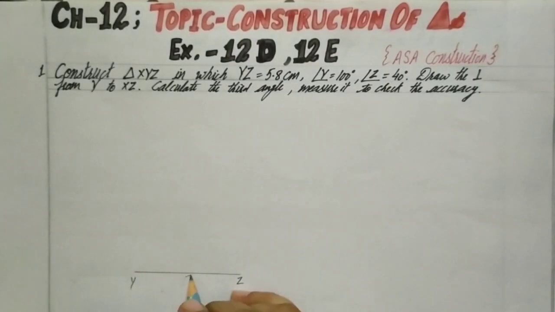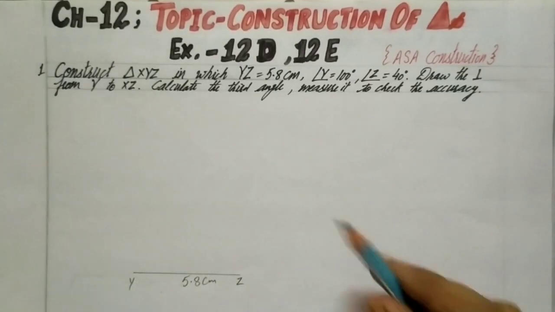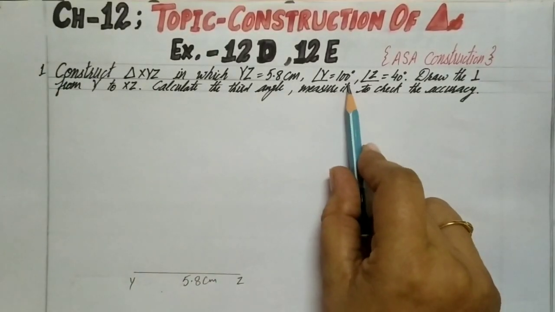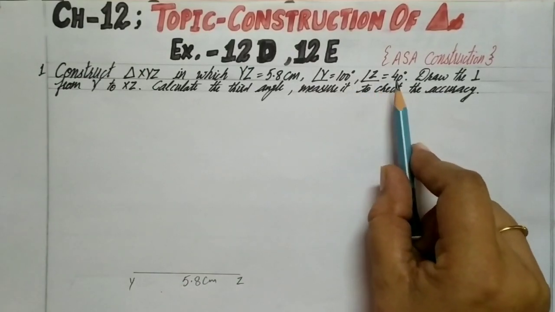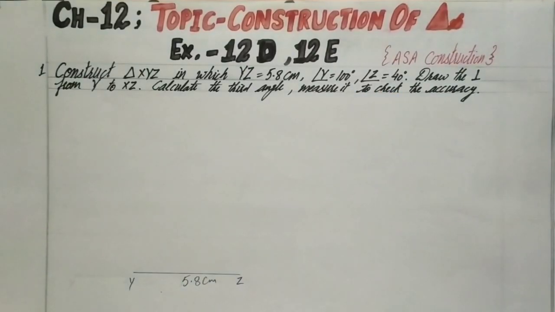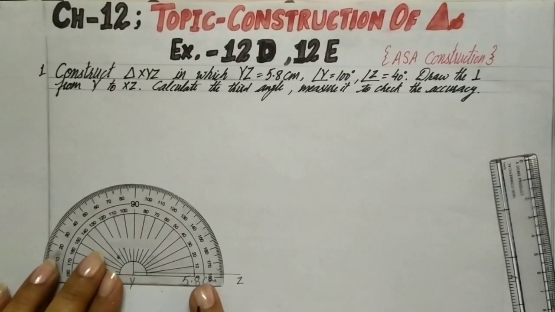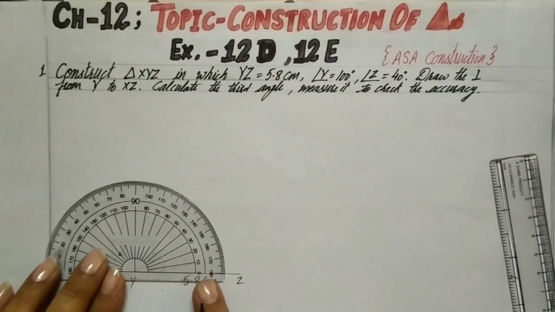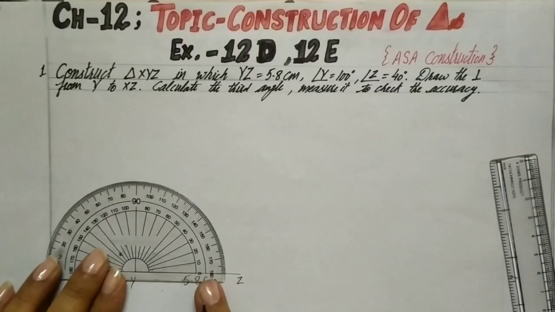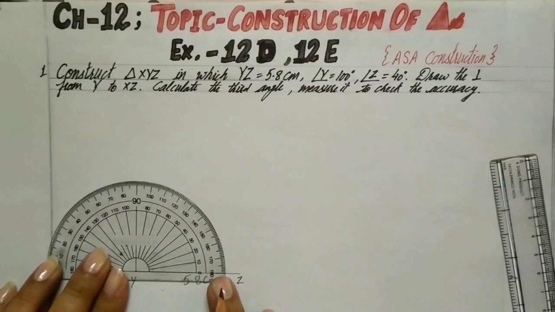YZ, 5.8 centimeter. Then angle Y is given as 100 degrees and Z is 40 degrees. So with the help of the protractor we have to draw these two angles. Since YZ, the given segment, is pointing towards the right side, we have to start 0 from the right side.